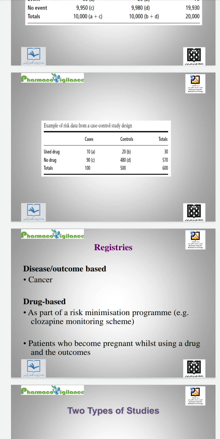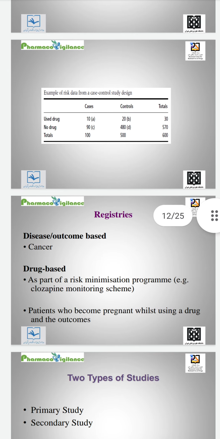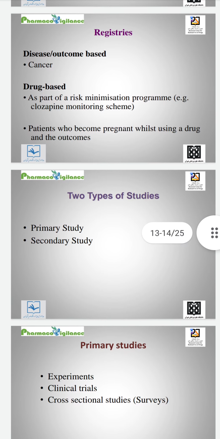Patients who become pregnant whilst using a drug, and the outcomes. Actually, I don't know what the explanation of this page was, and I will put the explanation in the comments of this video.